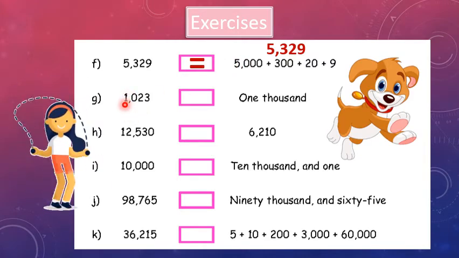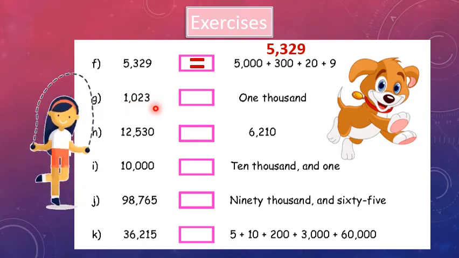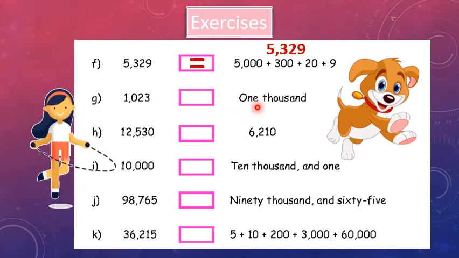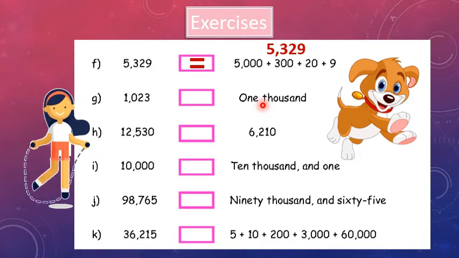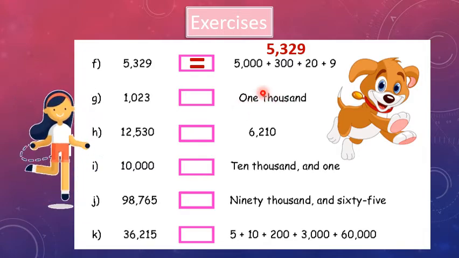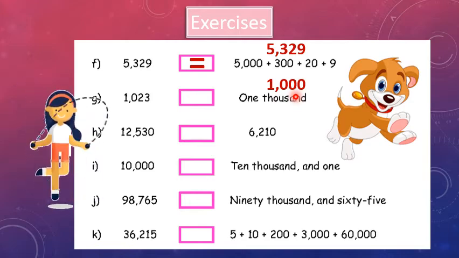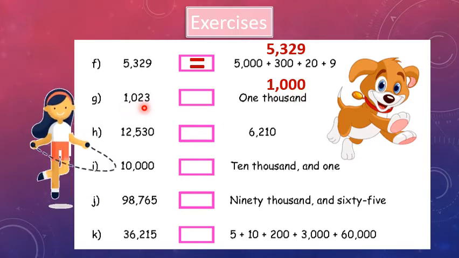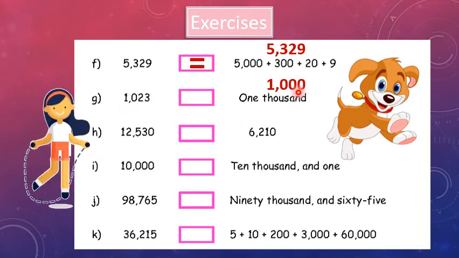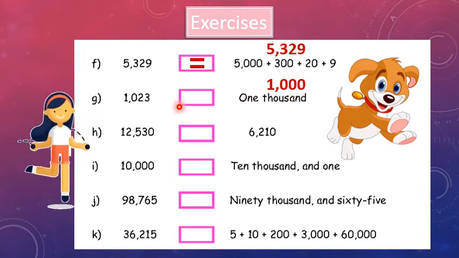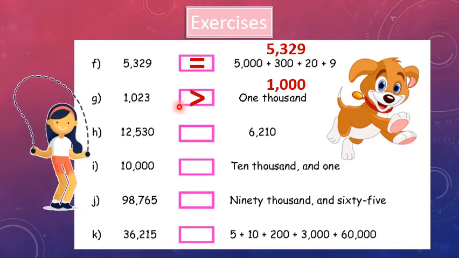Here we have 1,023, and the other side is 1,000 only. We must write this number in its standard form. It will be 1,000. Which is bigger, 1,023 or 1,000? Excellent, it will be 1,023.